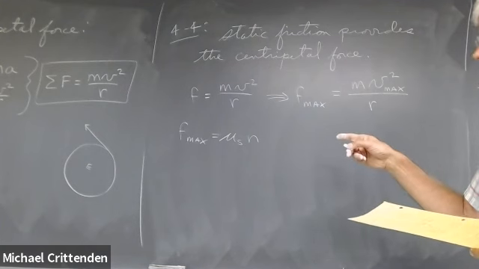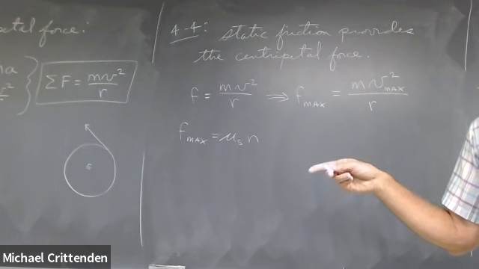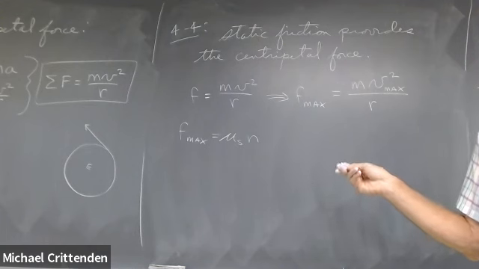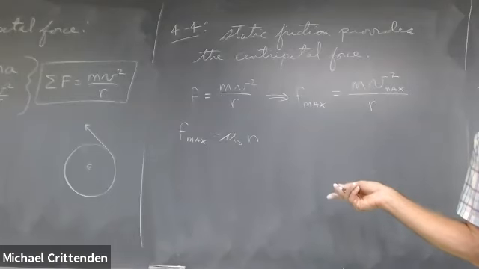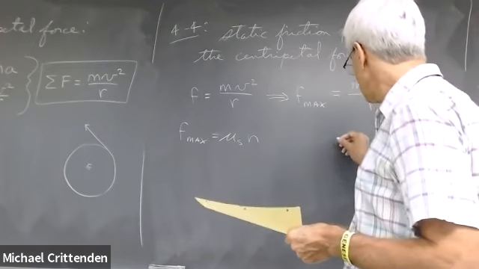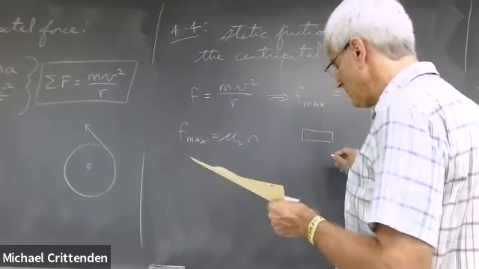The normal force in this case is equal to the weight of the car. Doesn't have to be. We had some examples in section 3 where the normal force was not equal to the weight, like on an inclined plane, it was W times the cosine of theta. But in this case, it's just a level road.